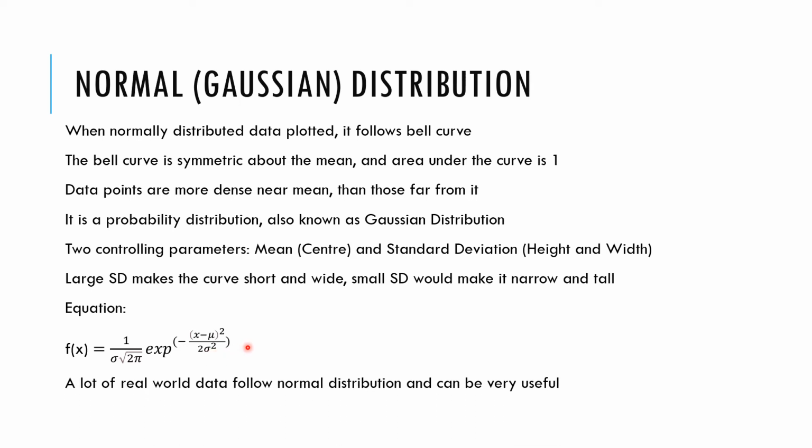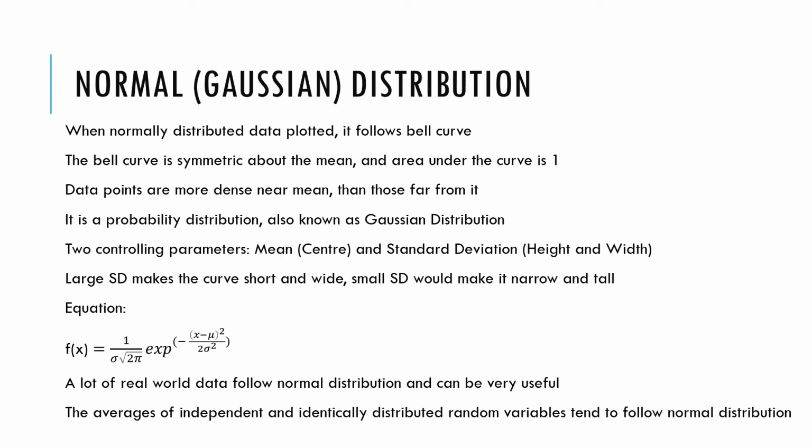This is the formula. A lot of real world data follow normal distribution, and normal distribution can be very useful in explaining a lot of things in the data. If we take the averages of independent and identically distributed random variables, they usually tend to follow normal distribution.